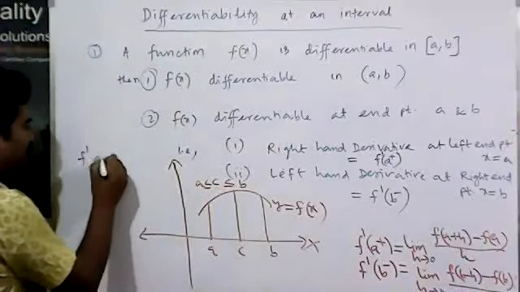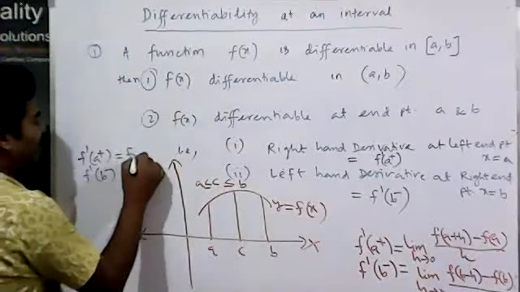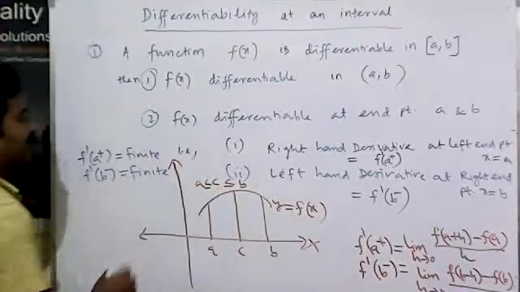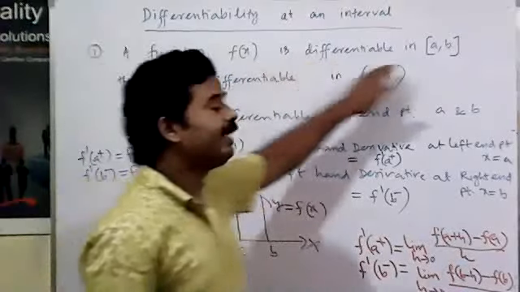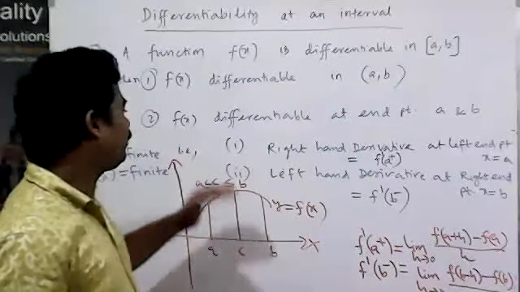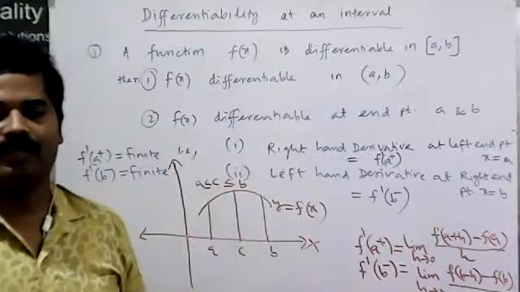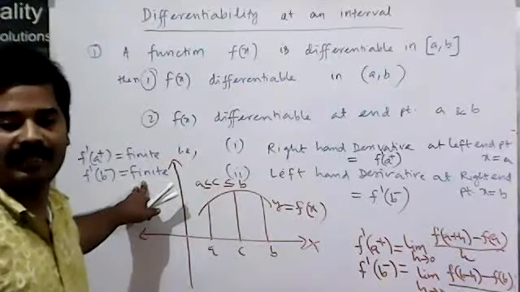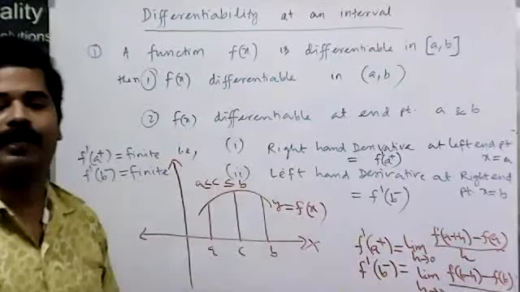Here f dash a plus and f dash b minus must be finite. If they are finite, then the function f(x) is differentiable in the closed interval. If it is not finite, suppose anyone is infinite, then we cannot say that it is differentiable in the closed interval [a, b].